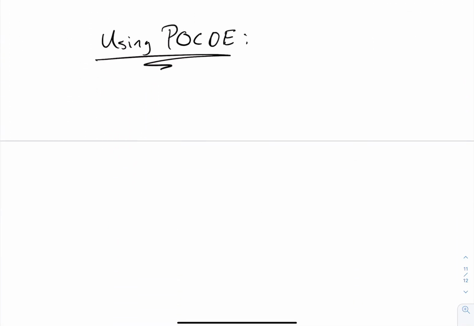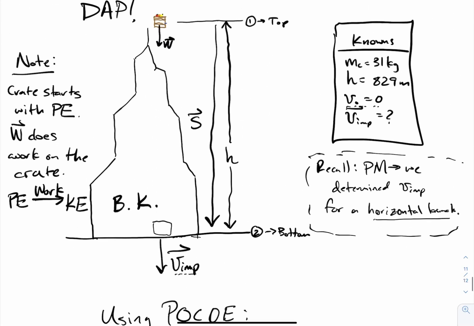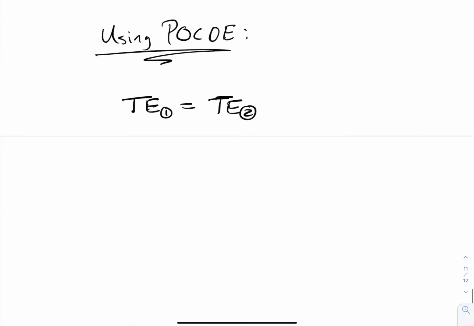But this is how we use POCOE every time. We always start with the total energy at some point equal to the total energy at any other point in our system. Well, we're going to choose the top and the bottom. So the total energy at the top is equal to the total energy at the bottom. Now the total energy could be potential energy at the top or kinetic energy at the top.